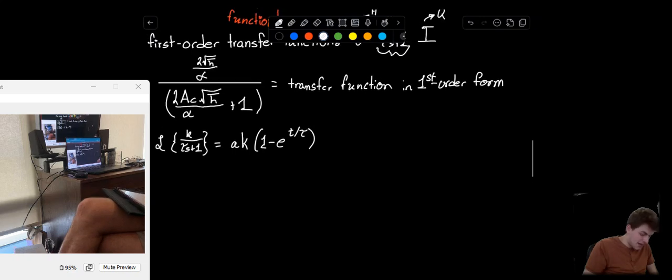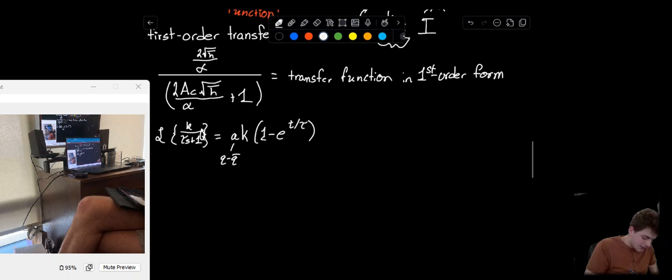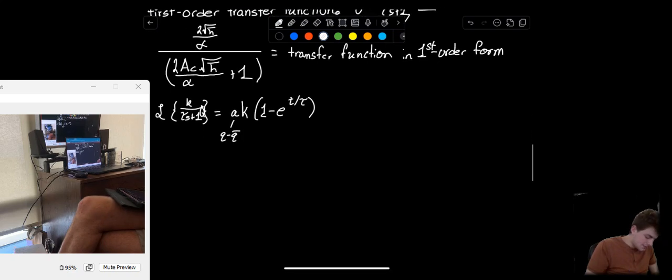And so from that, and of course our A, what is A here? A is going to be related to our input variable here. I guess I could put Q. This will be Q minus Q bar. Yeah, that looks right.